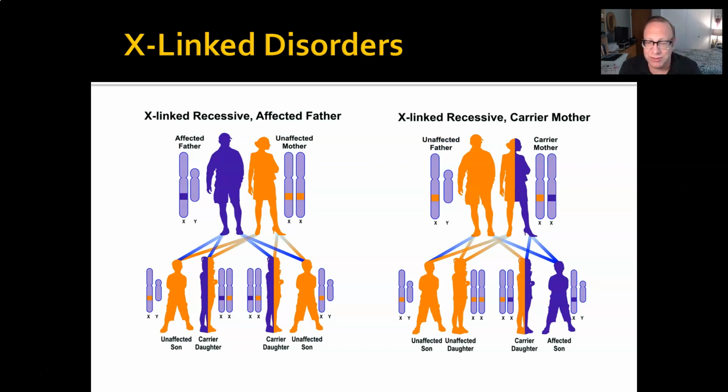So there's a 50% chance they will have an unaffected child, 25% chance that they will have a carrier daughter, and a 25% chance they will have an affected son. He's affected because he got his X chromosome from his mother, and his Y chromosome doesn't have another version of that same gene to make up for the defective gene that he inherited.